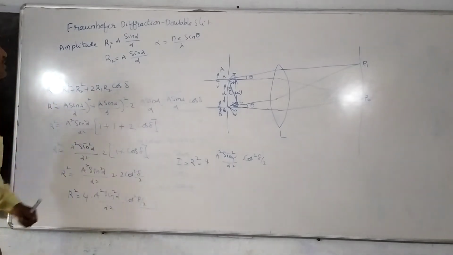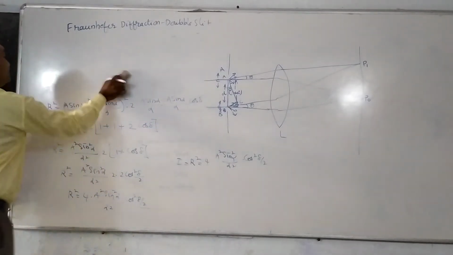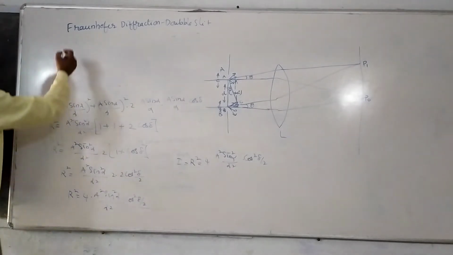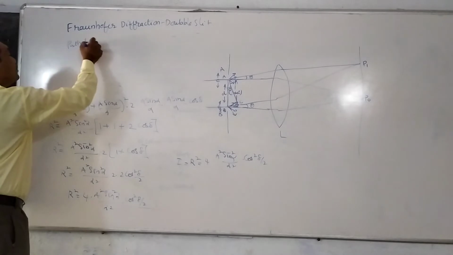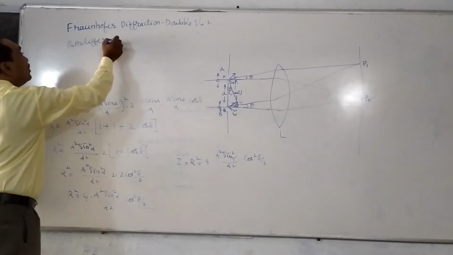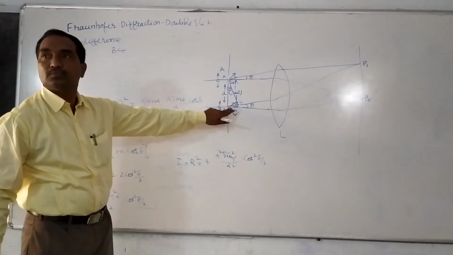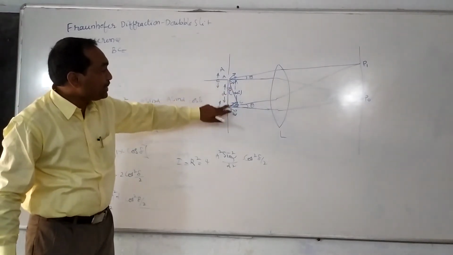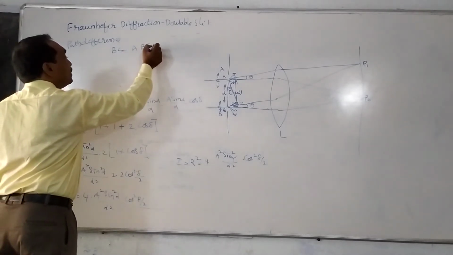Now the path difference BC is equal to, how can we write? AB sin theta. Am I right? Why?